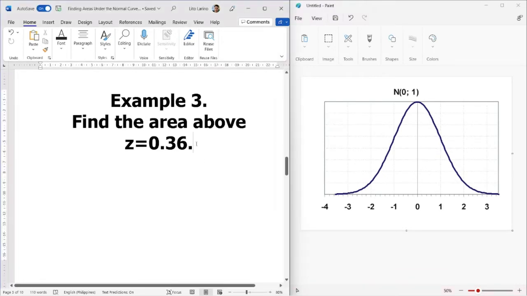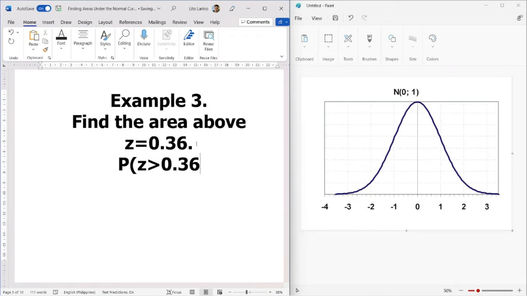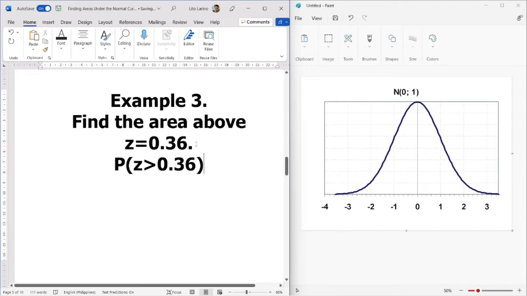Now, let's first denote this. We have the probability or the area above the given z-score 0.36. Okay, now let us locate this z-score in our standard normal curve.